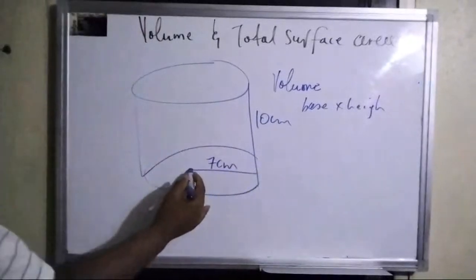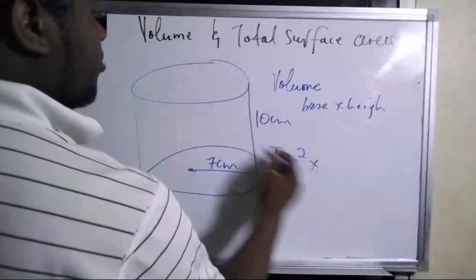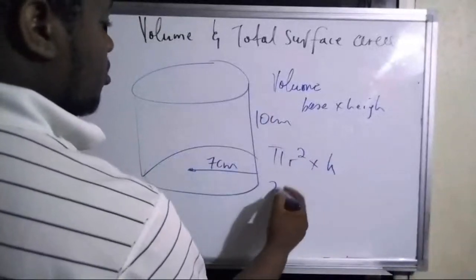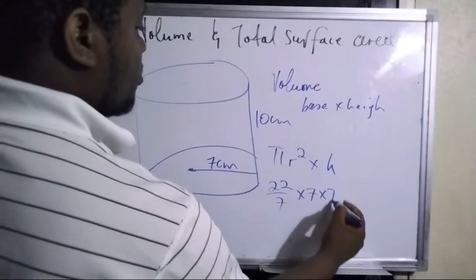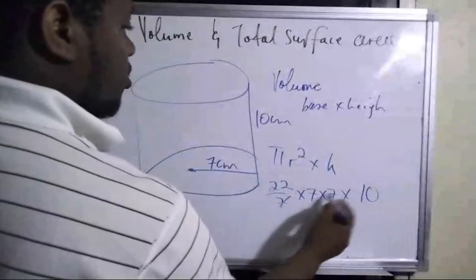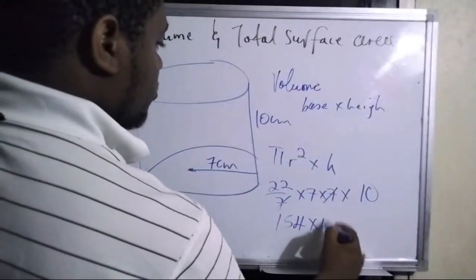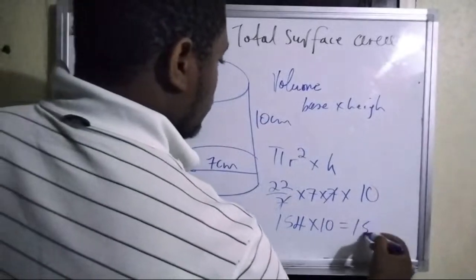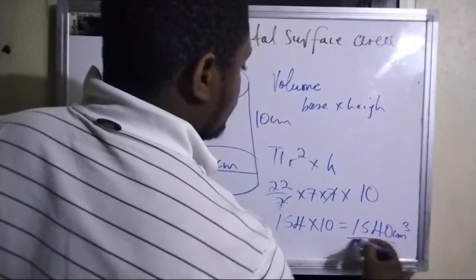The radius is 7, so it will be pi r squared times the height. So this is 22 over 7, the radius of 7 times 7, and the height of 10. Can cancel now. 7 times that, 154 times 10. That works out to 1540 centimeters cubed.